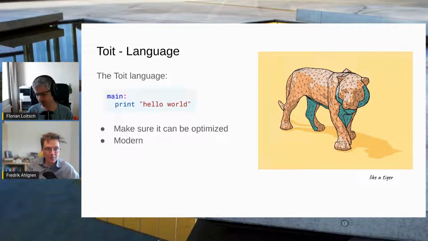So there were two things when we did the Toit language. One is that we wanted to obviously make it optimizable. It must be something that we can actually run on the small embedded devices. And the other one was that this time we wanted to do something modern. Dart, the language we did before, was designed to be something that is neutral. I would almost say boring. It was designed to run in the web browser, so we didn't want to alienate all kinds of people.